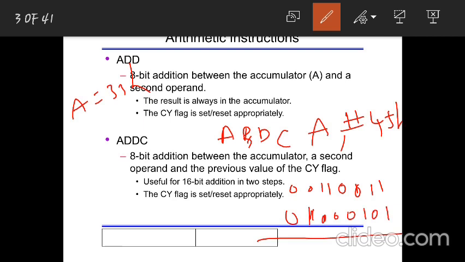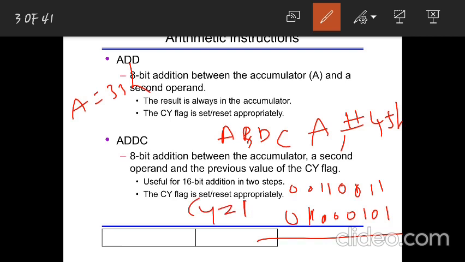If you add this, you will get... see, with this you also have, previously in the PSW register, a carry bit equal to 1, and we are also considering this.